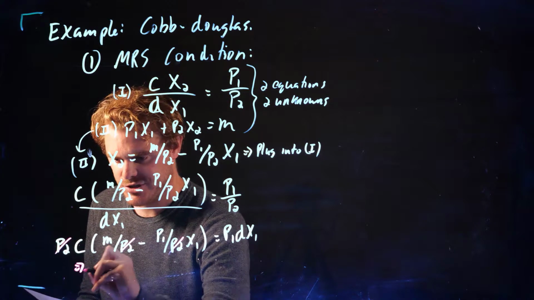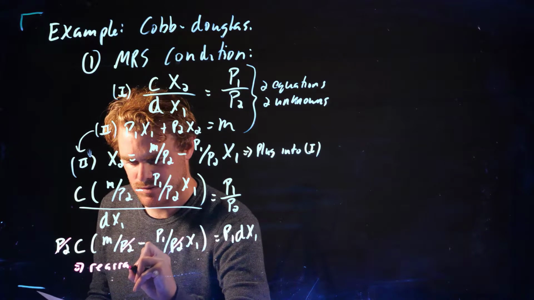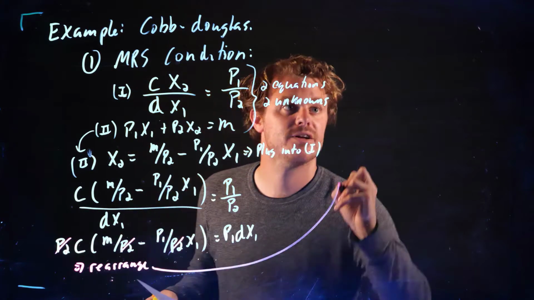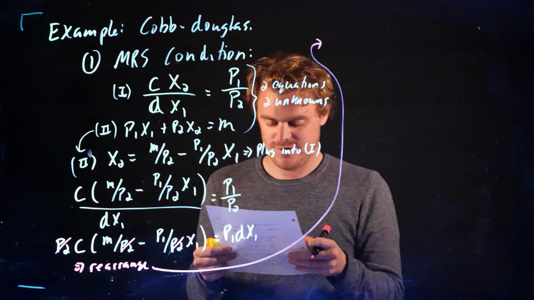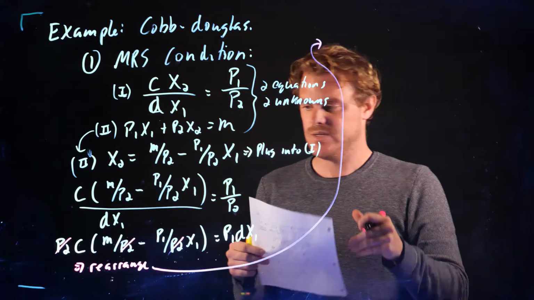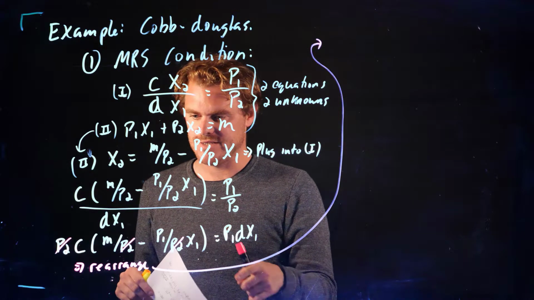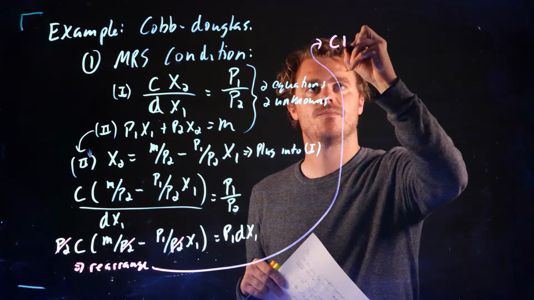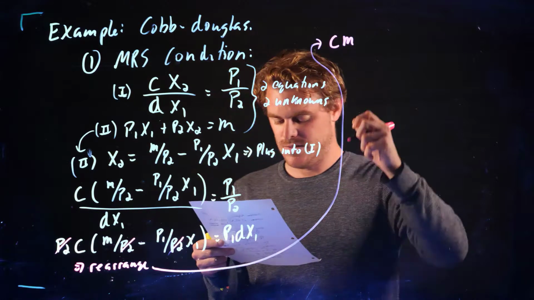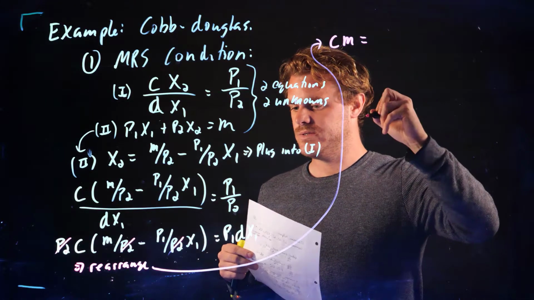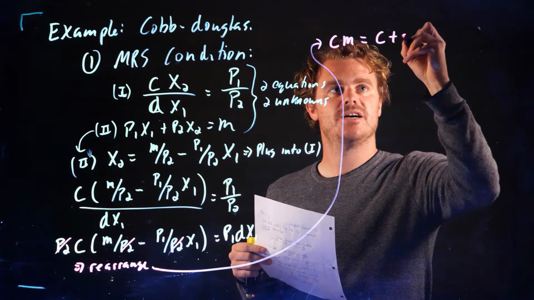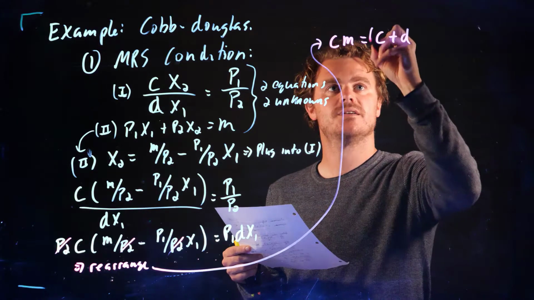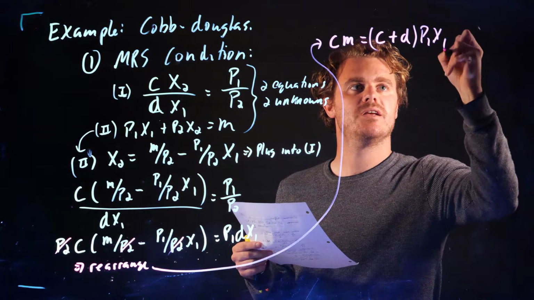Let's rearrange this. So c times m equals c plus d times P1 x1.